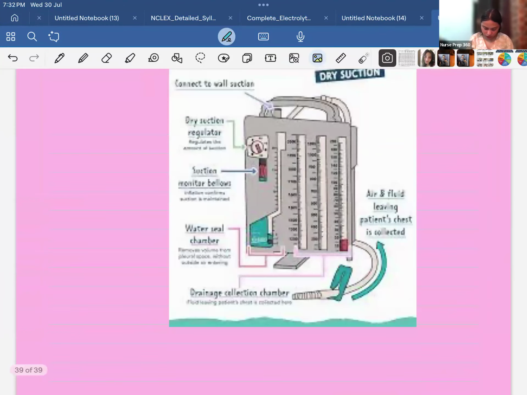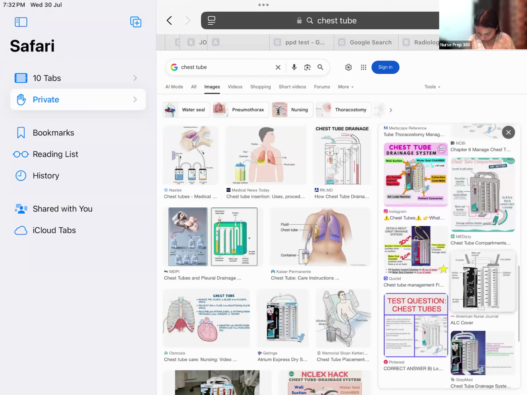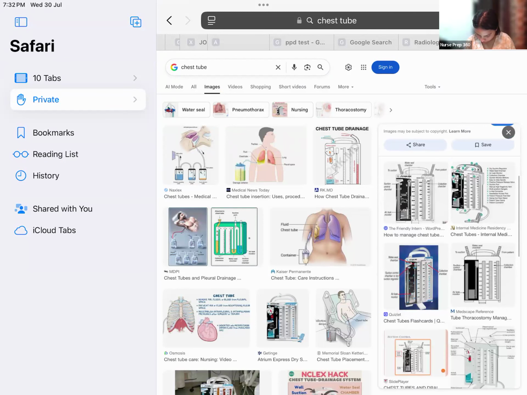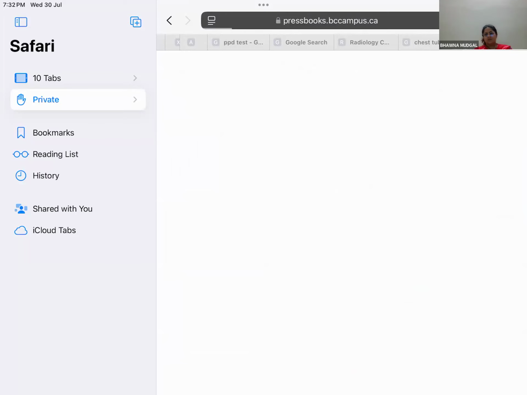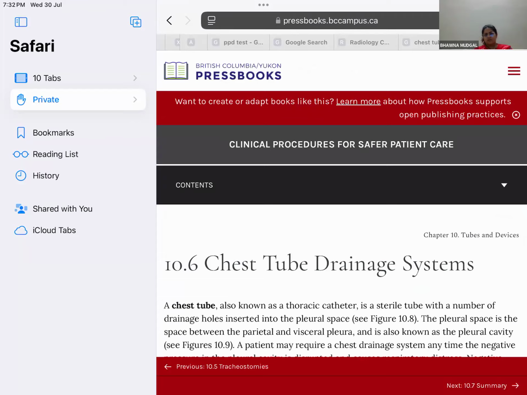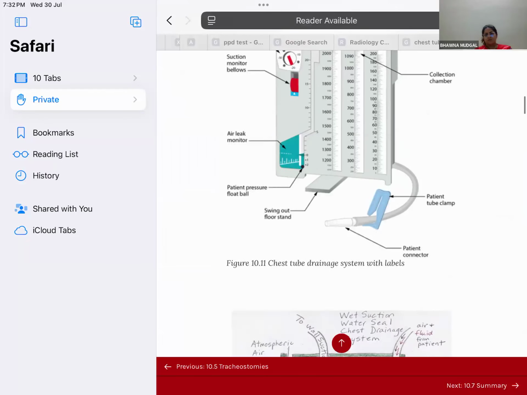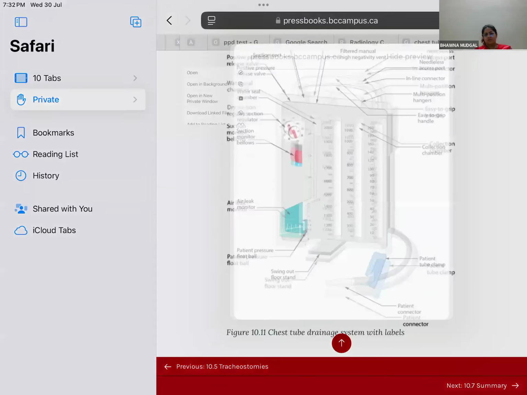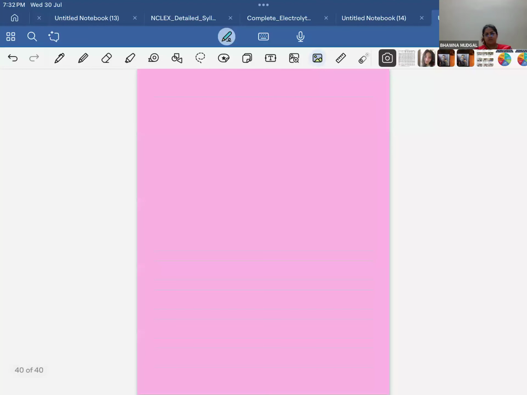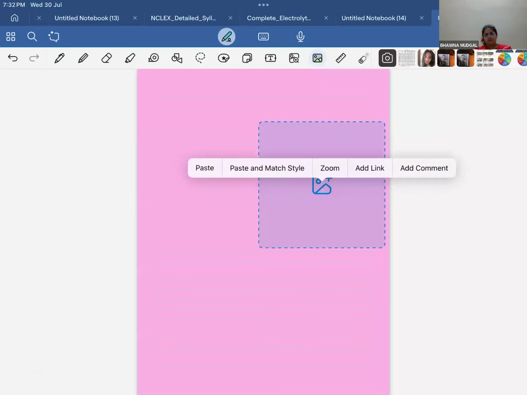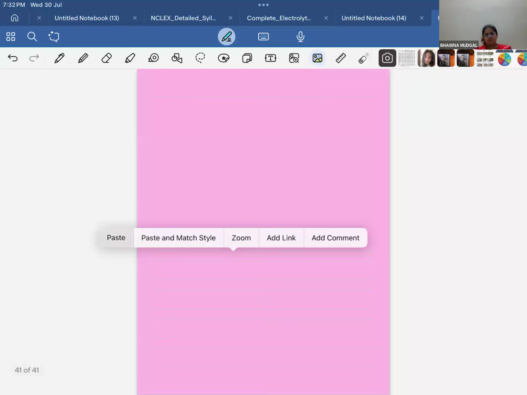You can't see this, right? Give me 1 second. Okay.